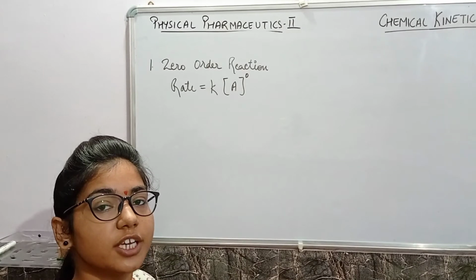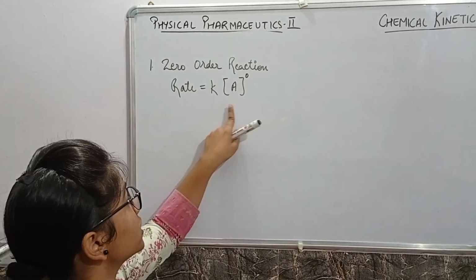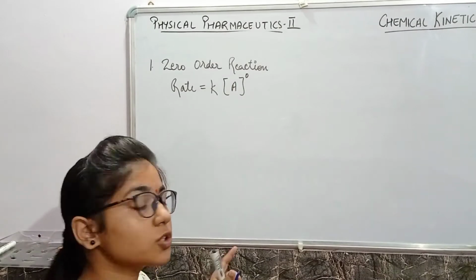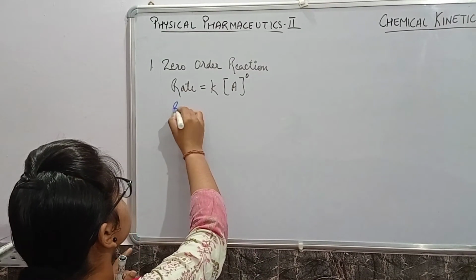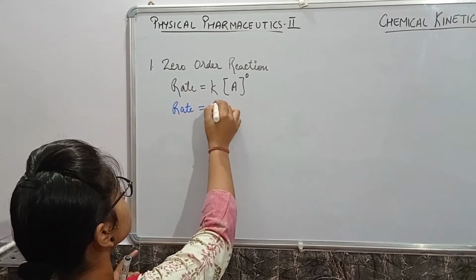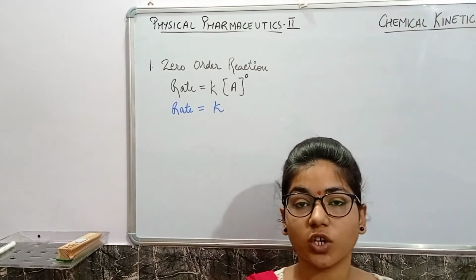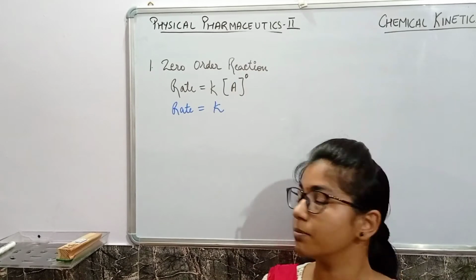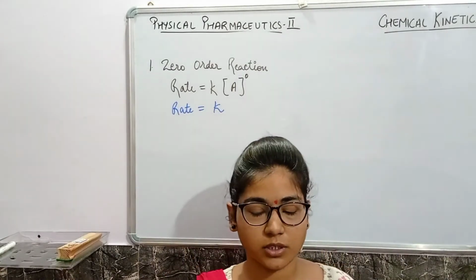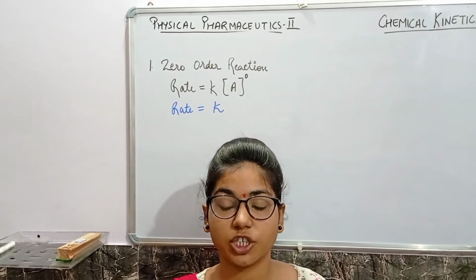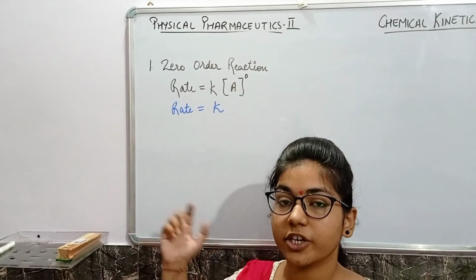If we talk about zero order reaction, it is the one in which the power of concentration is zero. So according to this, the rate is equal to k, the rate constant. The rate of reaction will be equal to your rate constant. That means there is no effect of concentration on the rate of reaction.